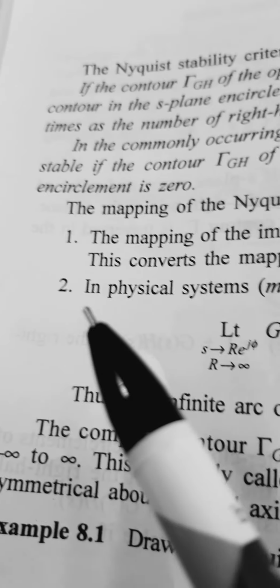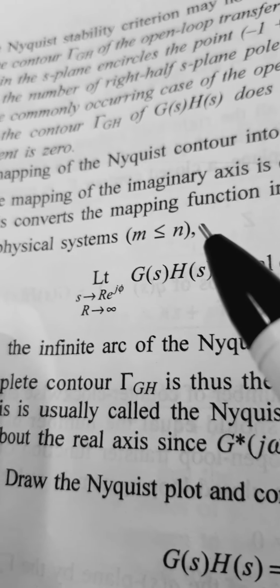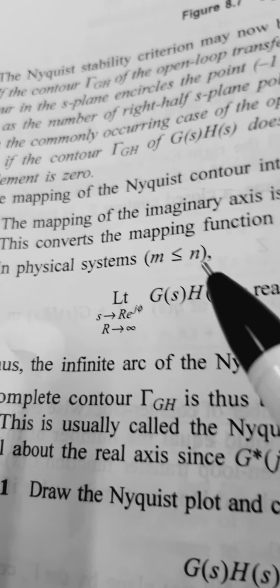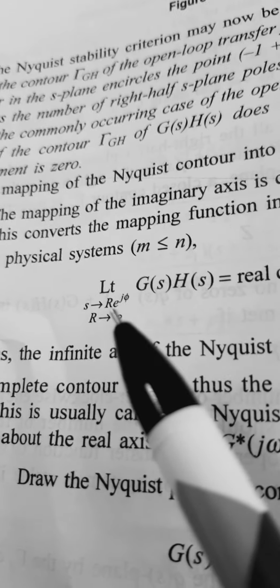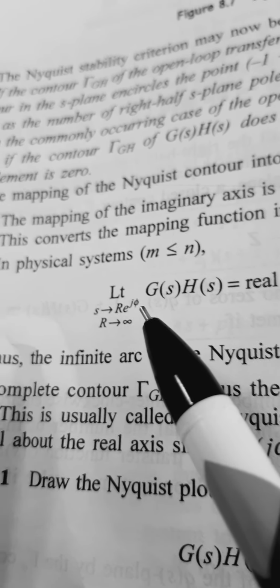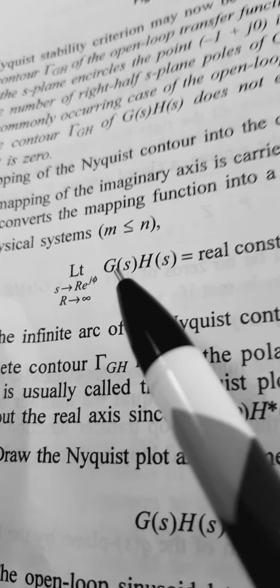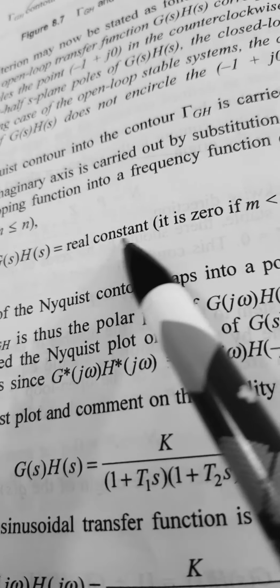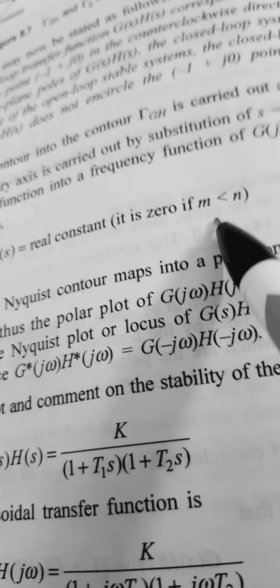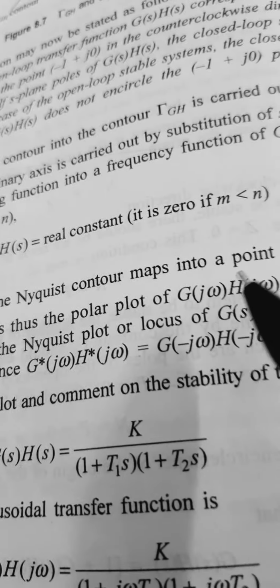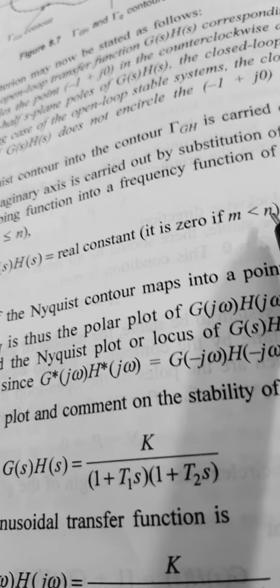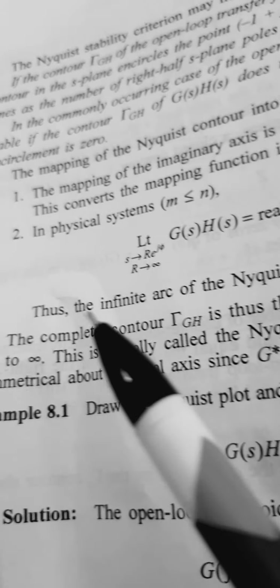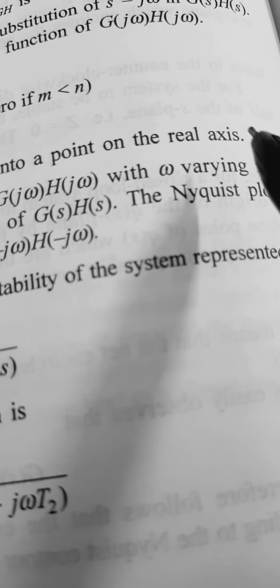Then in a physical system, where m is less than or equal to n, that means the number of zeros is less than or equal to the number of poles, the limit as s tends to Re^(jθ), R tending to infinity, of G(s)H(s) is equal to a real constant, and it is 0 if m is less than n.